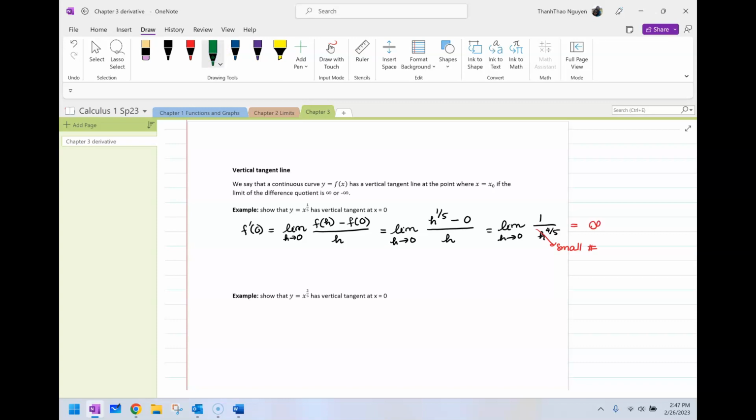So this is telling us f of x equals x to the 1/5 has a vertical tangent line at x equals 0. Okay.